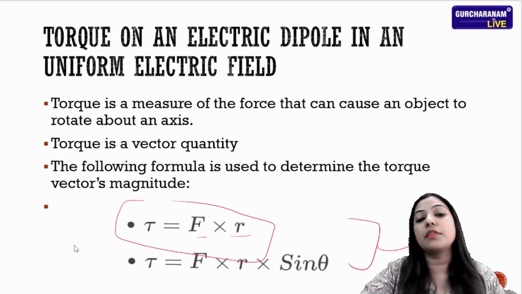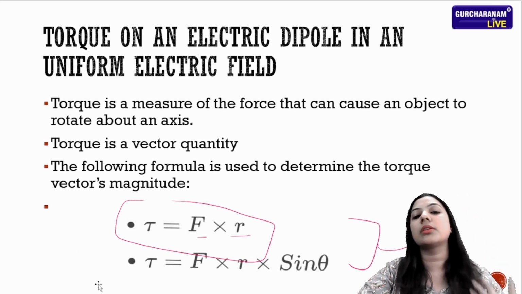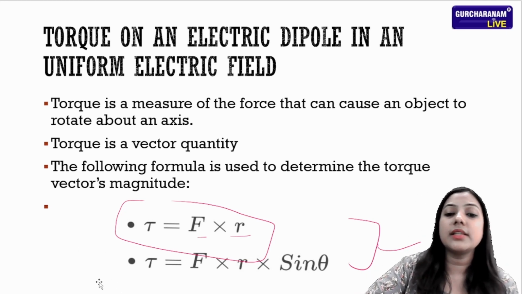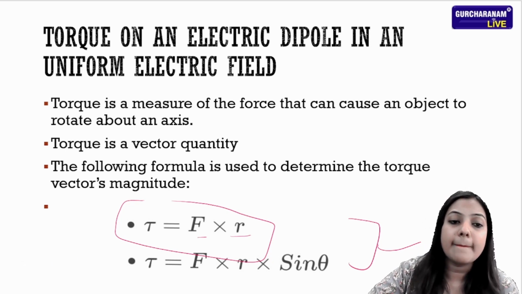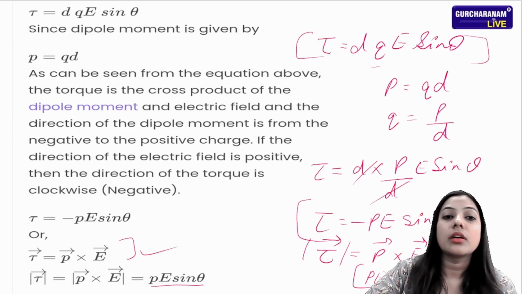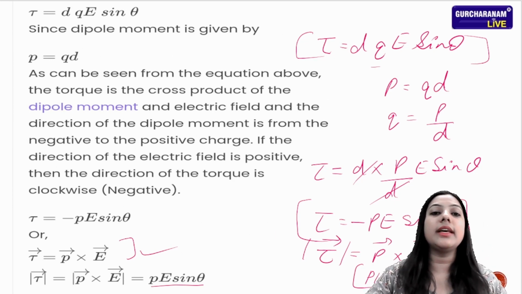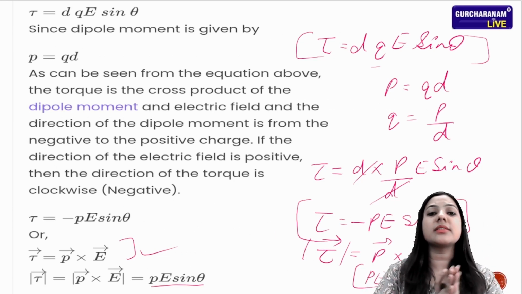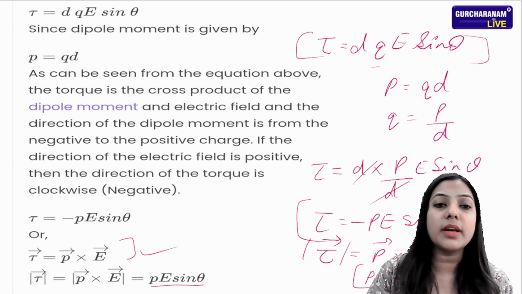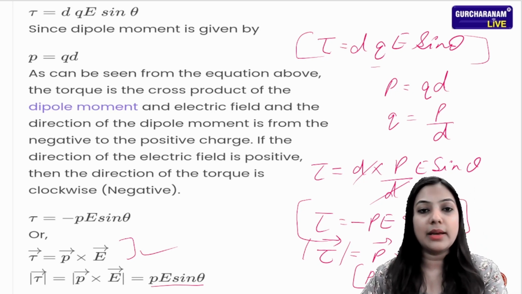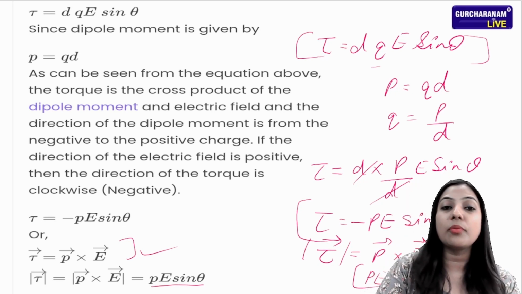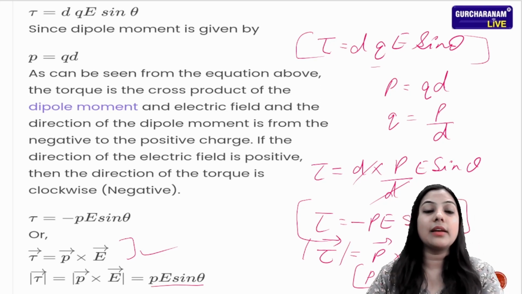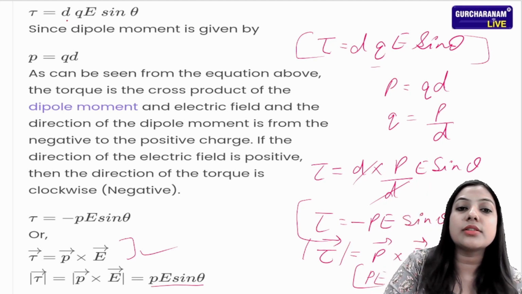To find the magnitude of torque, the formula is Fr sin theta. So the torque is dQE sin theta.